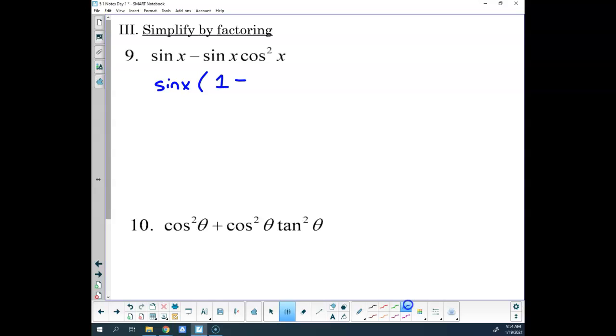If I factor out a sine of x from sine x cosine squared x, I'm left with cosine squared of x. From there, 1 minus cosine squared is sine squared. Sine times sine squared is sine cubed.